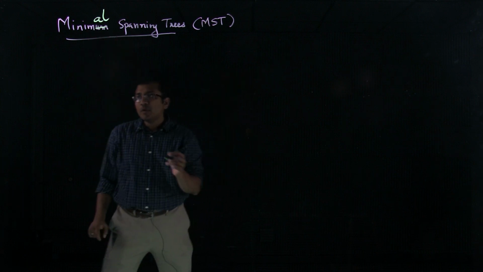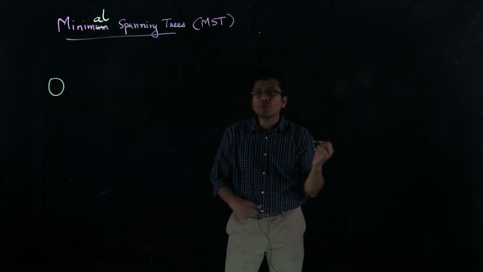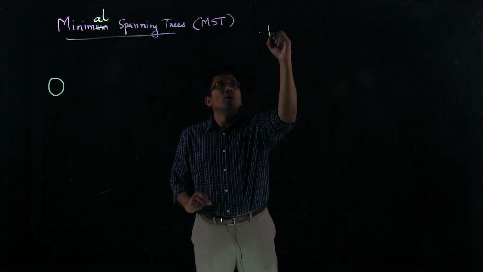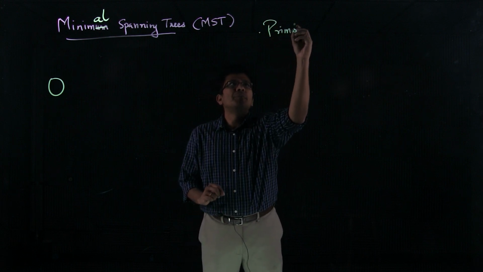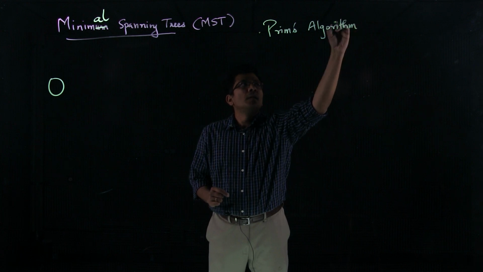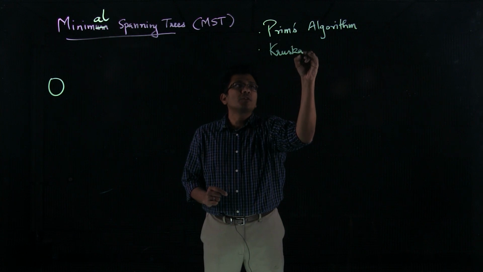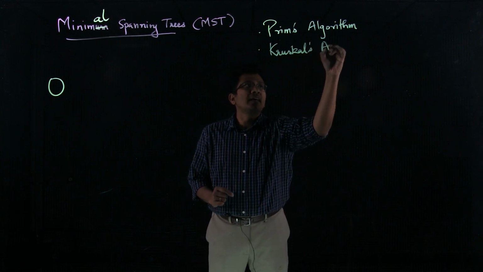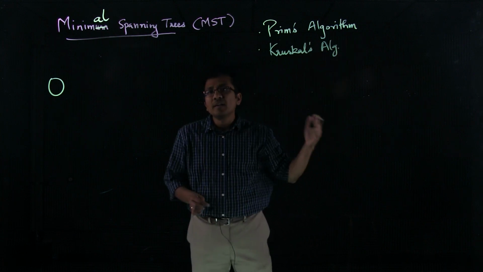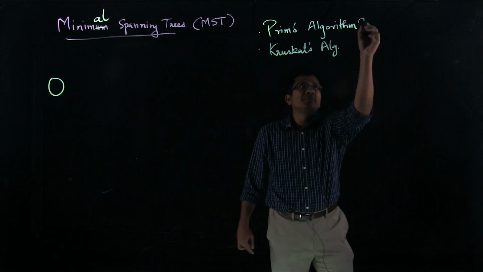All right, let's look at an example. And first, before we go into the algorithms, there are two very interesting algorithms. One is an algorithm by Prim. It's called Prim's algorithm. Another is a very interesting algorithm as well. It's an algorithm by Kruskal, Kruskal's algorithm. Both are equally interesting algorithms, and they are both greedy.